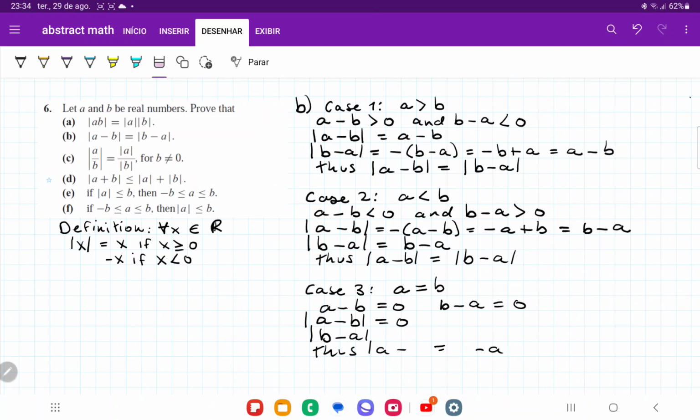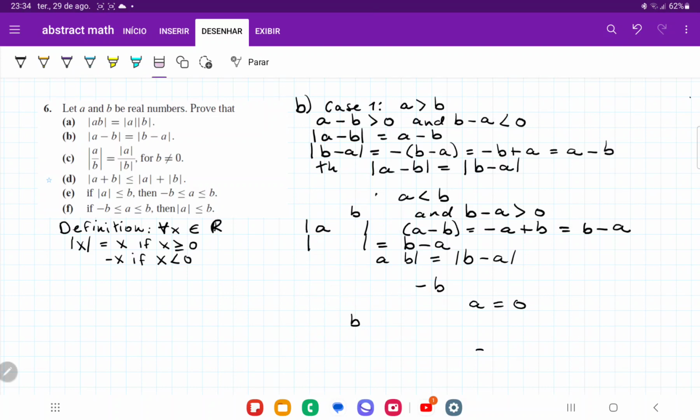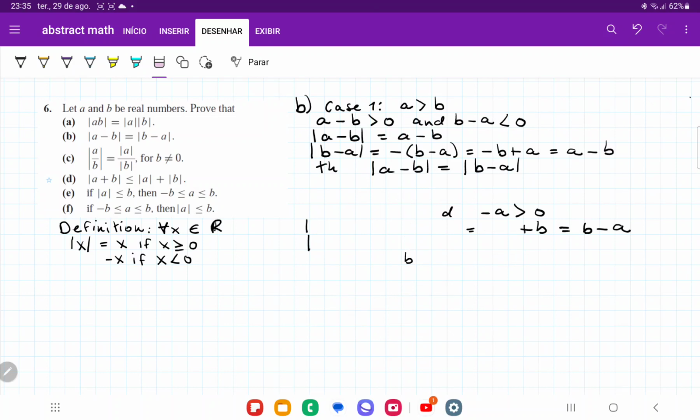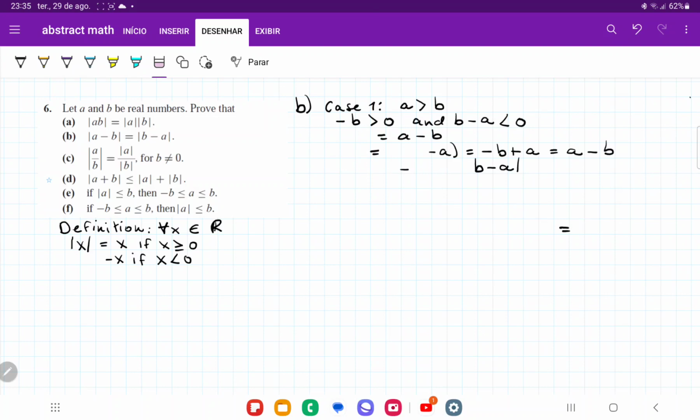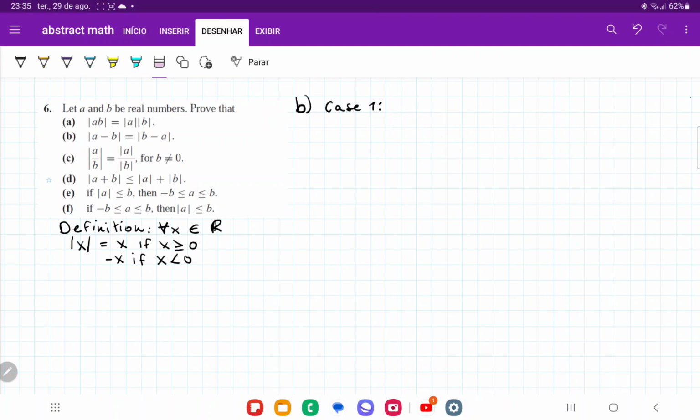Now let's do item C. So for item C, we want to prove that the absolute value of A over B is equal to the absolute value of A divided by the absolute value of B, providing that B is not equal to 0. So once more, we have to consider the cases where they're negative or positive, right?